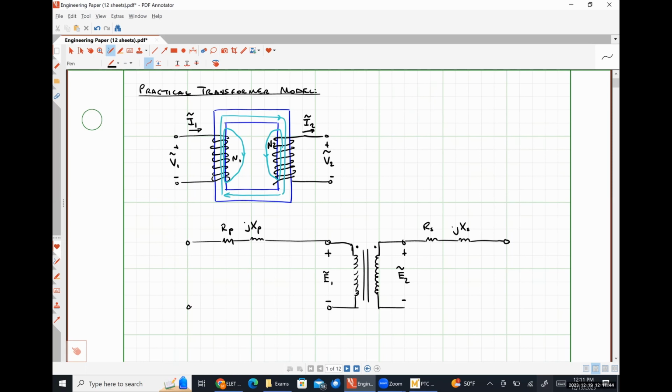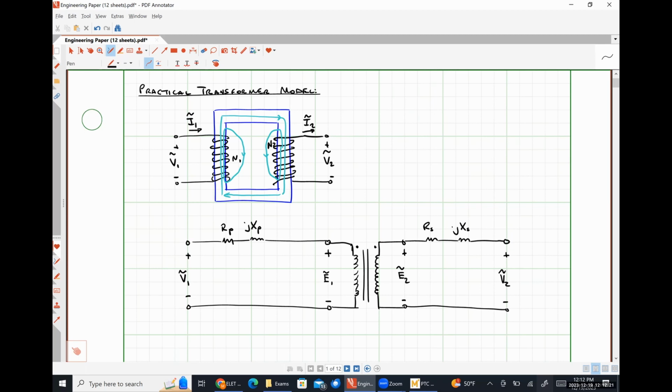So I'm going to go ahead and extend this wire along like so, and extend this wire along like so here. We are going to define the voltage drop over here to be our terminal voltage, V1. And we're going to define the voltage drop between here and here to be our terminal voltage, V2. And it should be fairly obvious to see now why our induced voltage E1 is not equal to our terminal voltage V1, and our induced voltage E2 is not equal to our terminal voltage V2 in a practical transformer.